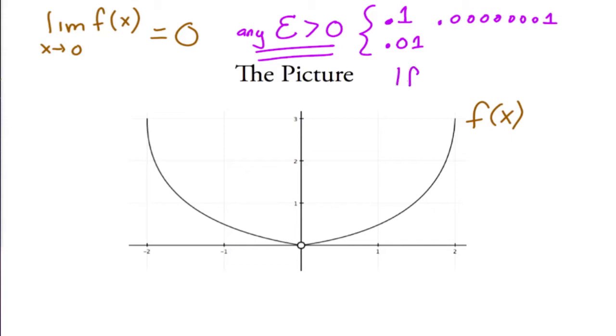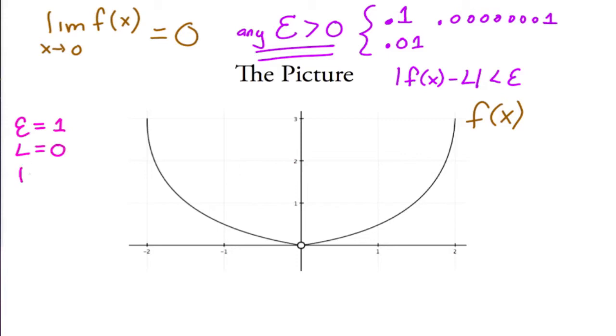Okay, so here, let me just show you on a picture. The absolute value of f of x minus L has to be less than epsilon. So let's just pretend that epsilon is equal to 1, and we've got L is equal to 0.